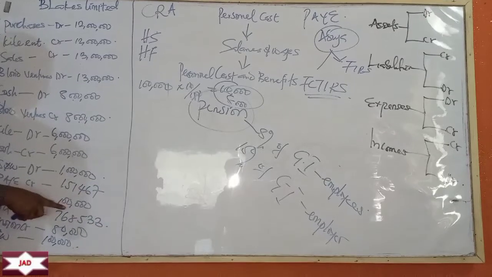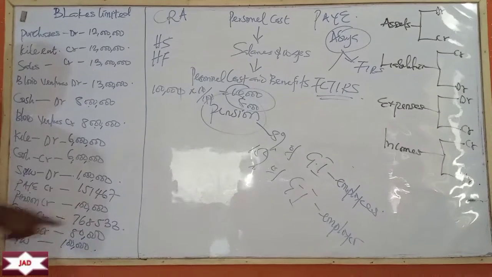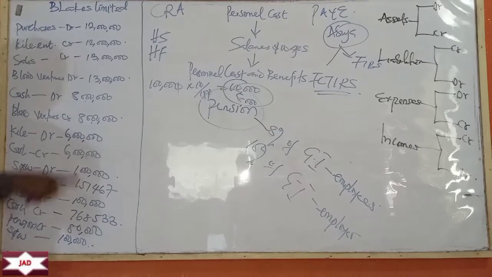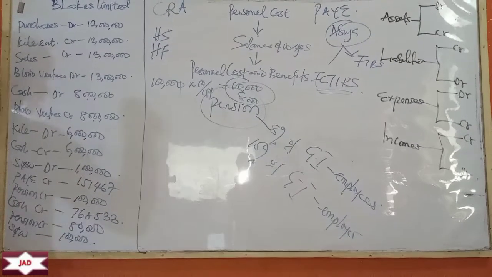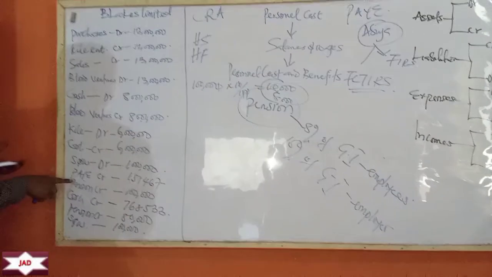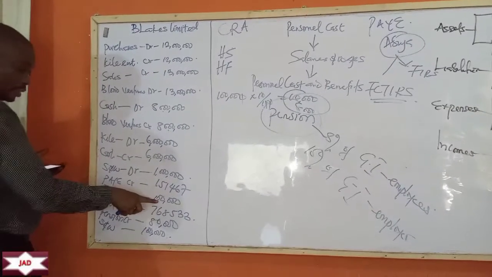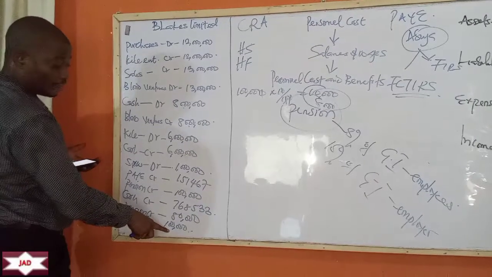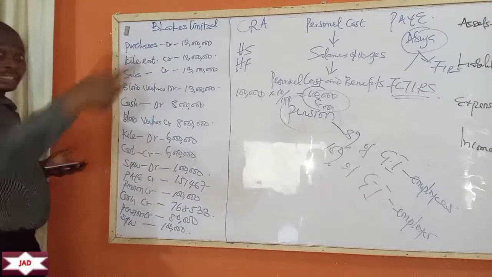Now this pension 100 is not from the employee, it's from the employer. So this is the pension from the employee, 80,000. So you take out the tax, take out the pension to get what you're paying him in cash. This is what you're paying him. And then you have pension that the employer is contributing, credited here. Then that will increase the salary to 100,000.